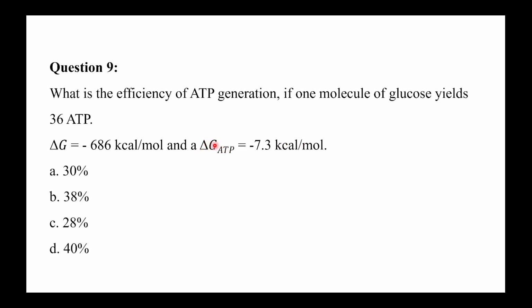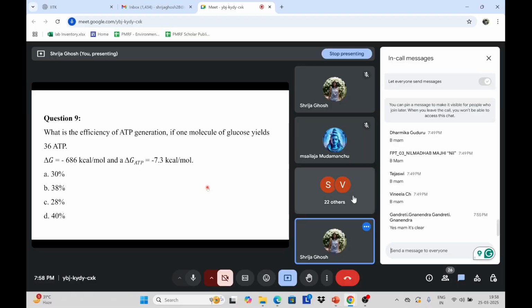Now, what is the percentage of that if the total free energy is 686 kilocalorie per mole? So you have to find the percentage of the free energy of ATP. So that will give you the efficiency of ATP generation. Anyone is able to solve this?